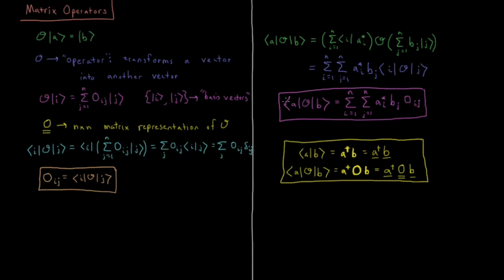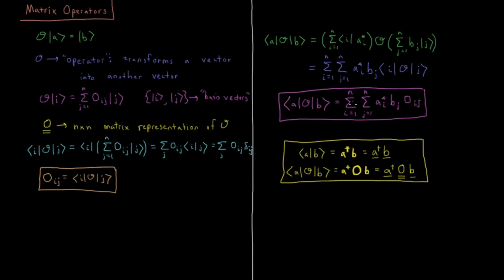So the result of a bra vector overlapping with an operator acting on a ket vector is the sum over i and j of the A star i component, the Bj component, and the matrix element Oij.